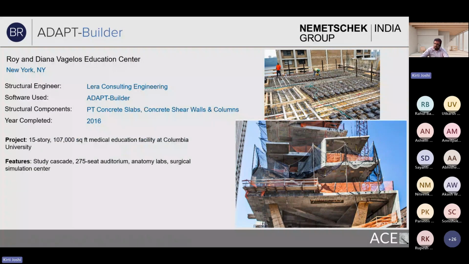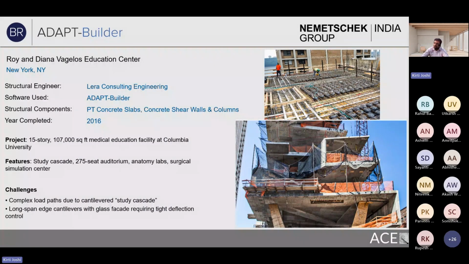So the next case study I would like to highlight is the Roy and Diana Vagelos Educational Center at the Columbia University medical center in New York City. It is a 100,000 square foot, 15-story medical educational tower that was completed in 2016.